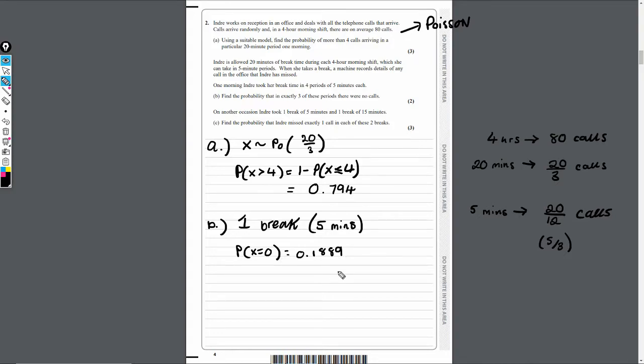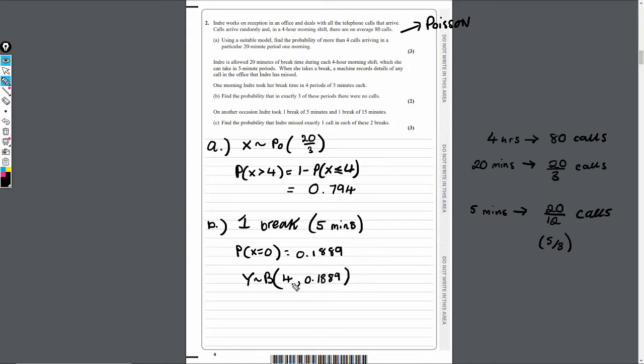Now, we've got a fixed number of trials, there's 4 periods. So now we can use a binomial distribution, okay? So if I say that Y is modeled by a binomial distribution, where my n, so there's 4 breaks, that'll be 4. And the probability is this here, the probability that there's no call, 0.1889.